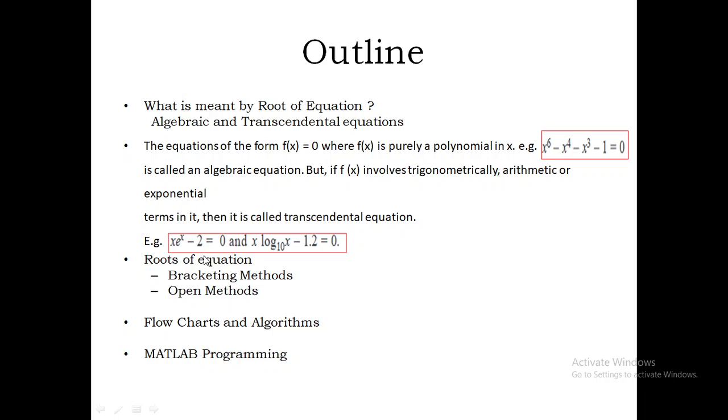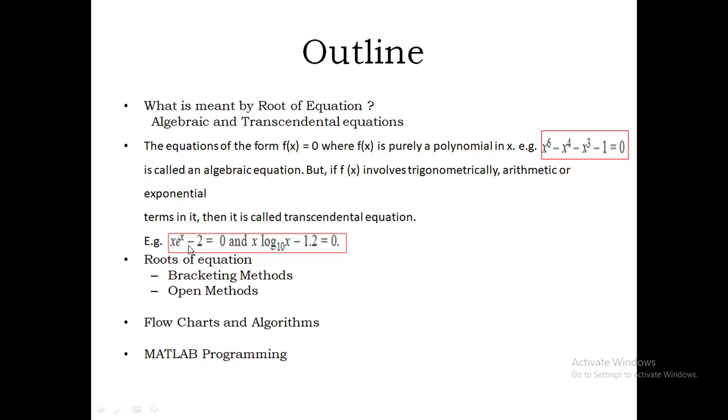Is everyone getting what a transcendental equation is? Trigonometry means sine, cos, tan. Or you are given e raised to x, or a log is included. This equation is called a transcendental equation.